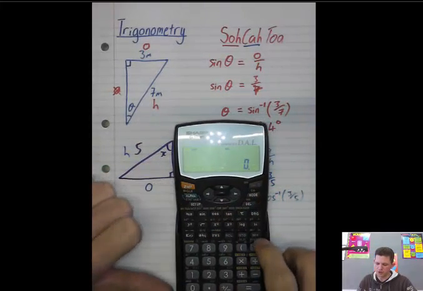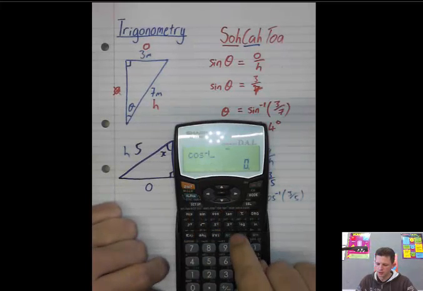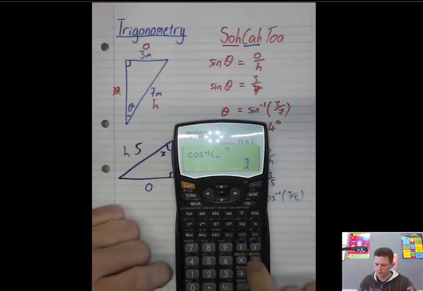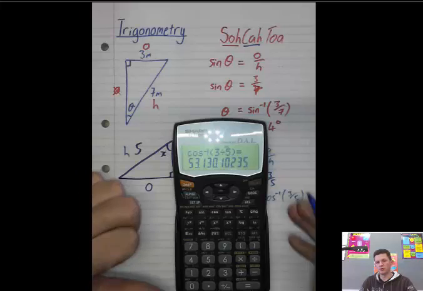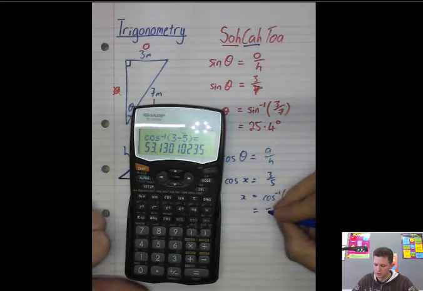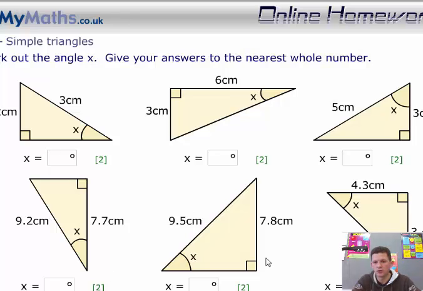Shift or second function cos, and that brings up this cos minus 1 on the screen. Open the bracket, 3 over 5, equals, we've got 53.1, which is 53 degrees to the nearest whole number. So we will chuck that in, 53 degrees, mark it, everything's all good.